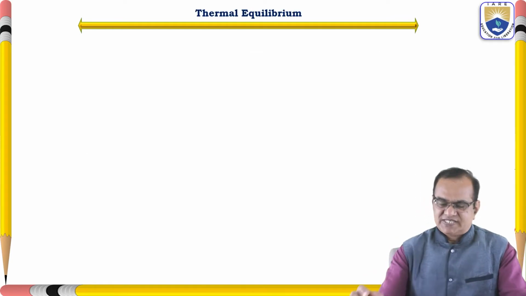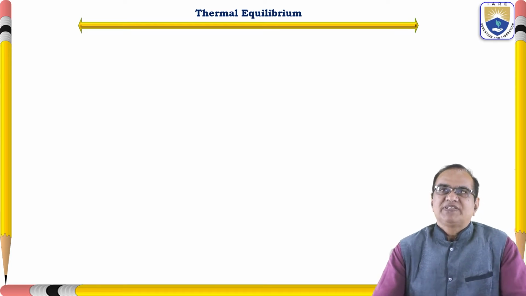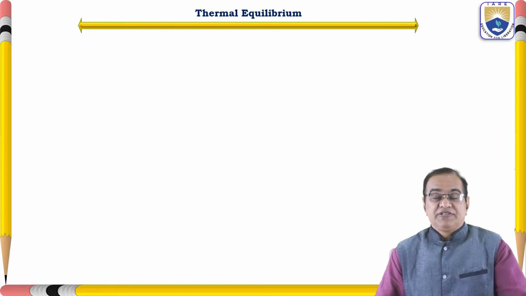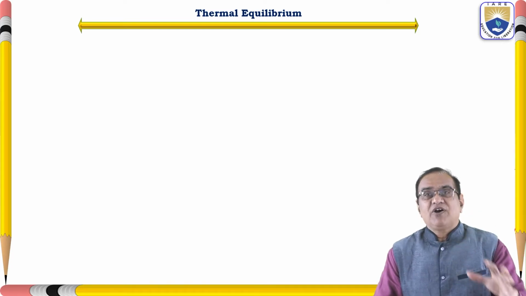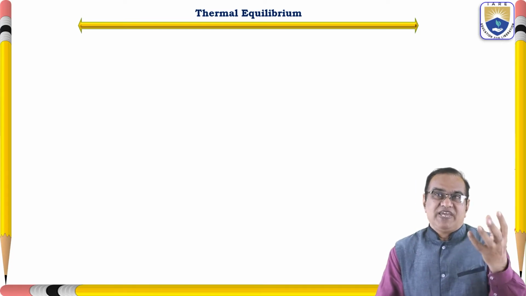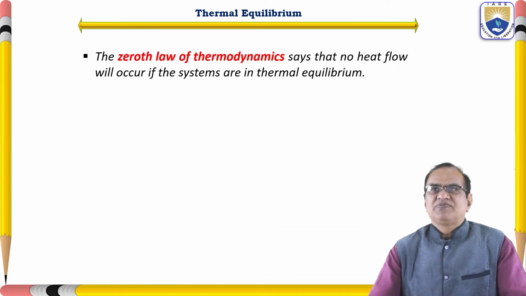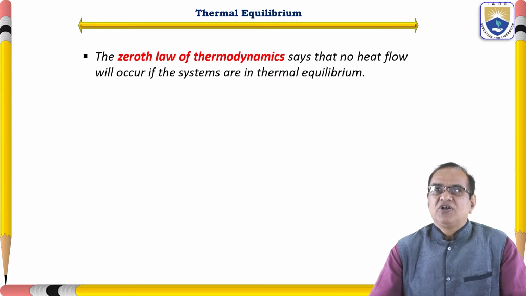Now I will discuss the next important topic, that is thermal equilibrium. This thermal equilibrium I have just explained in the zeroth law, with A, B and C, and how these things are happening. The zeroth law of thermodynamics says that no heat flow will occur if the systems are in thermal equilibrium.